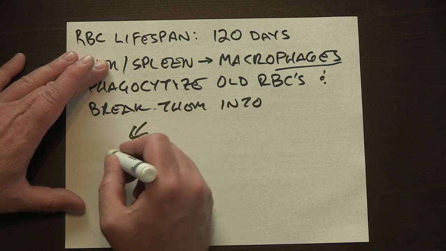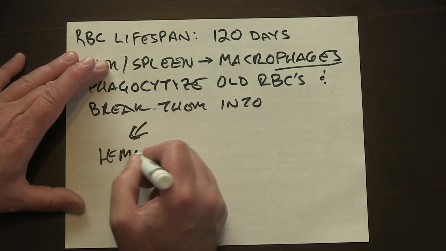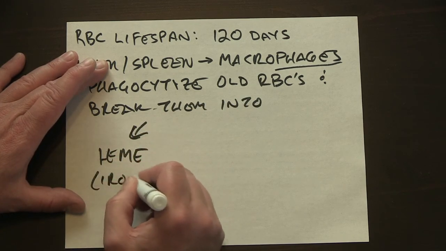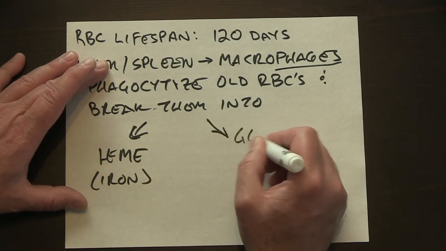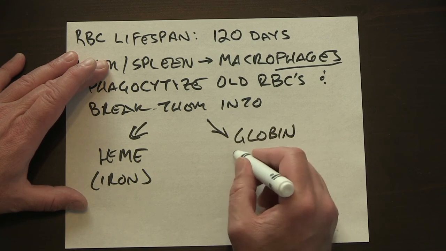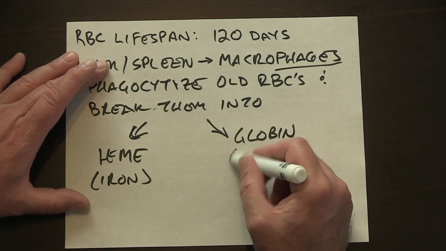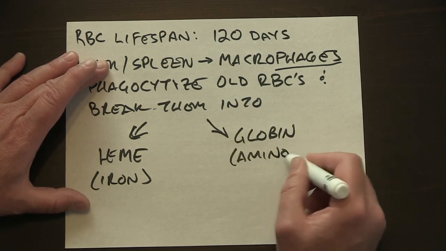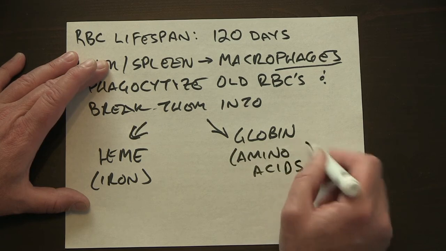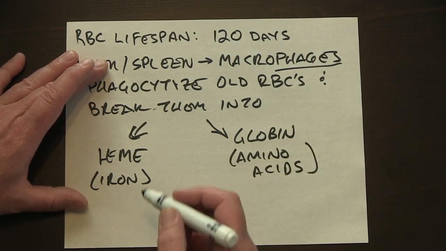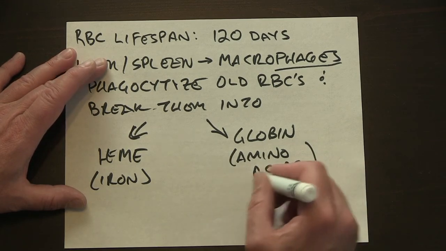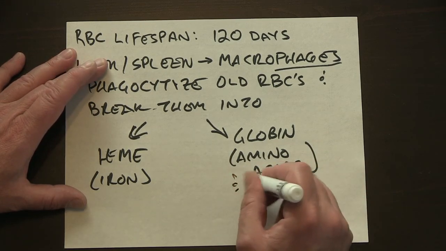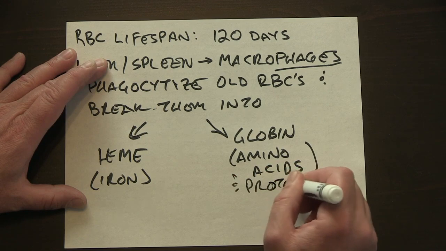The inorganic part is called the heme, the iron part of it, and into the globin part, which is basically the proteins or the amino acids, and protein subunits.